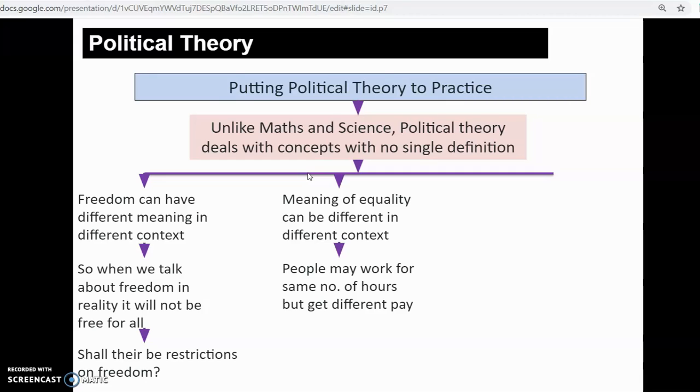For example, if you compare the working hours of a laborer and a manager in a factory, you will find that the laborer is working more hours than the manager. Still, the salary of the manager is much higher than that of the laborer.